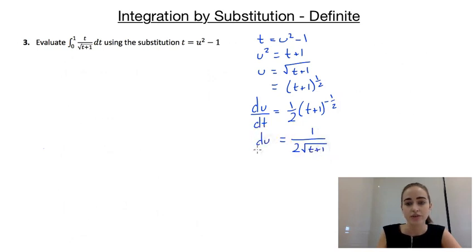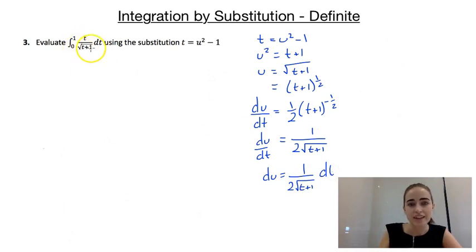So if that's du dt, that means that du is going to be equal to 1 over 2 root t plus 1 dt. So you can see that here we've got that square root of t plus 1 in the denominator and the dt. So I'm going to have to manipulate it so it has that 2 in there as well. So let's do that first, and then we can figure out our new bounds.